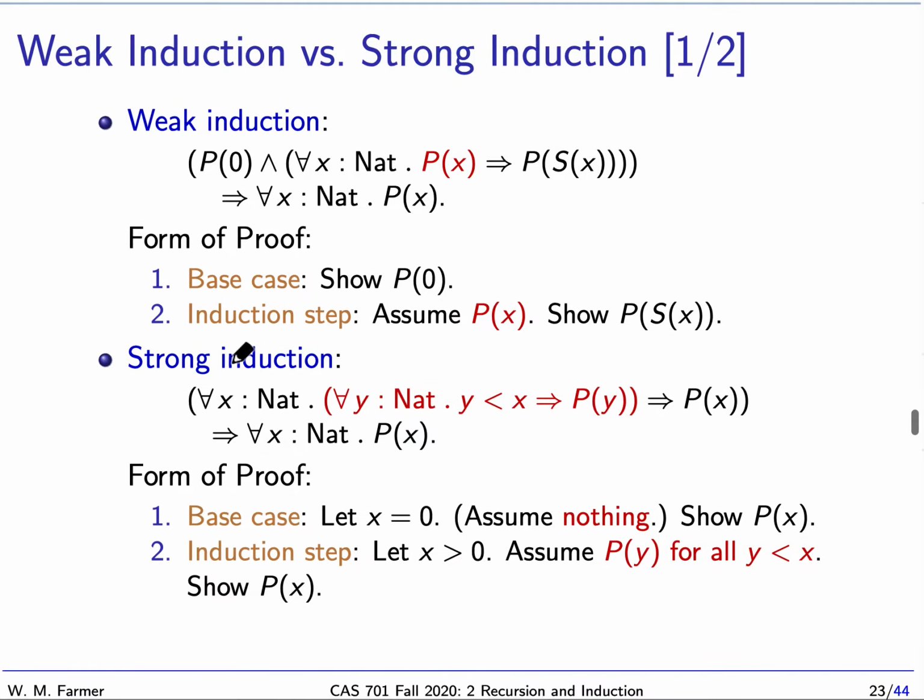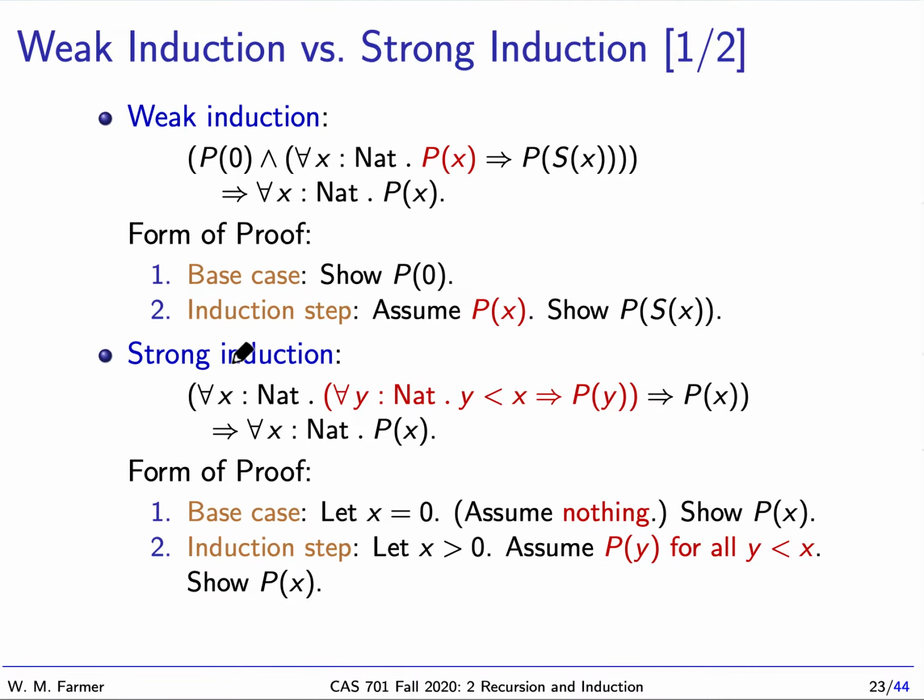So let's now go on to thinking about weak induction versus strong induction. I mentioned earlier that weak induction is basically structural induction for the natural numbers, and strong induction is ordinal induction for the natural numbers.